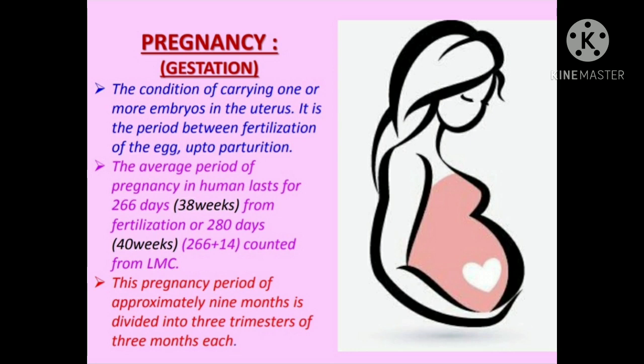Coming to the last point of pregnancy, this pregnancy period of approximately 9 months is divided into 3 trimesters of 3 months each. The whole pregnancy period is 9 months, divided into 3 trimesters, each of 3 months.